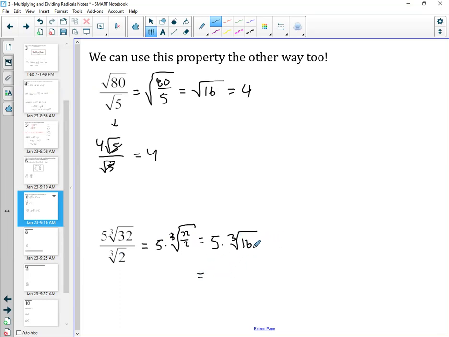The answer is a strong yes. 16 is 8 times 2, and 8 is a perfect cube. Cube root of 8 is 2. 5 times that 2 times the cube root of 2 is 10 cube roots of 2.